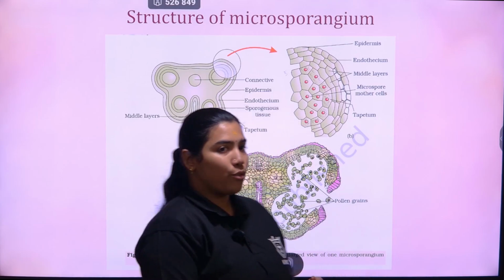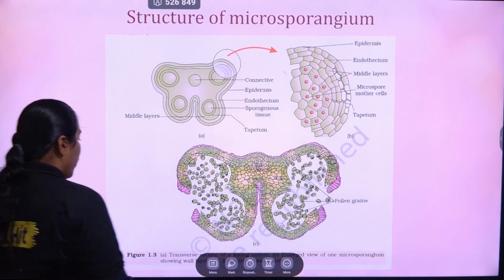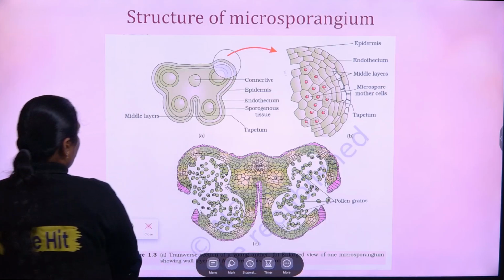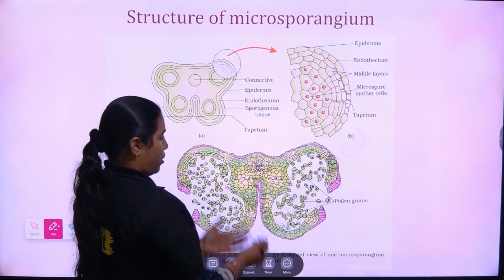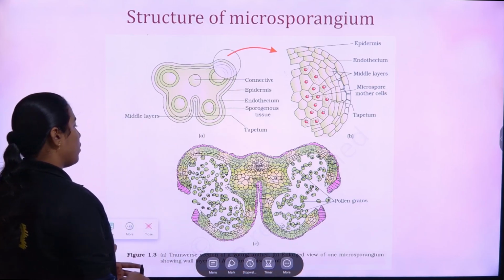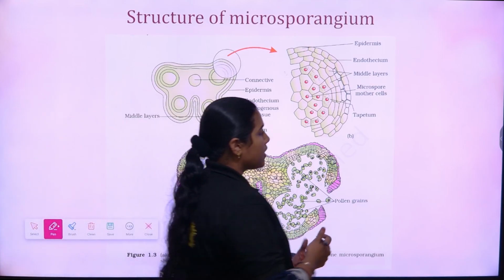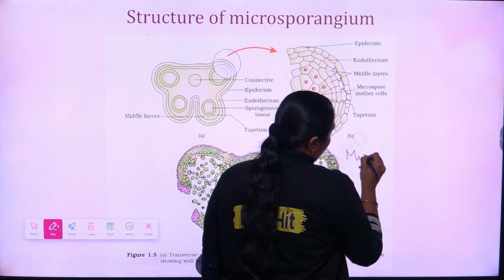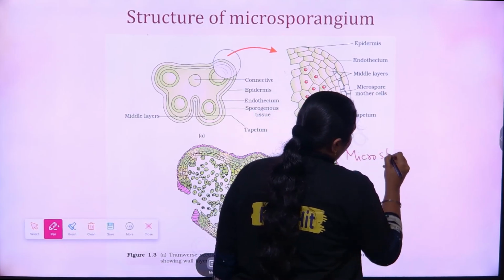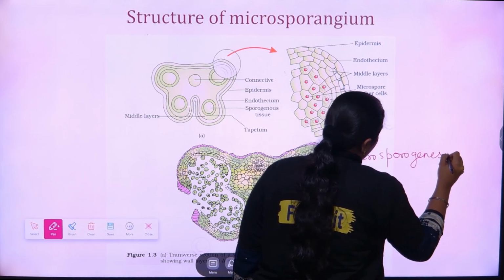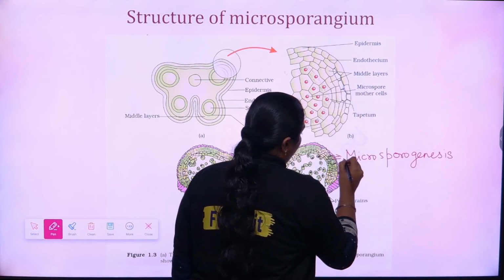So let's continue from the last video where we discussed the structure of microsporangium, and the structure of anther as a whole. Now in today's class we'll be discussing two important things. One is microsporogenesis, okay, this is very important.